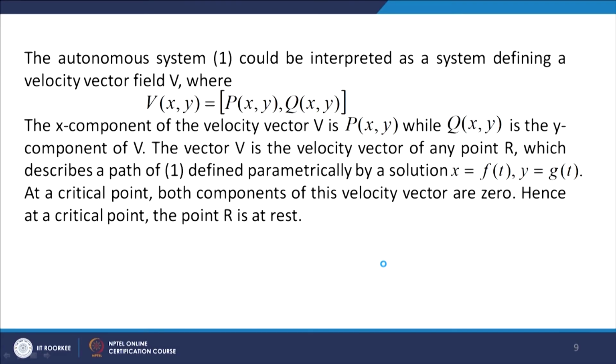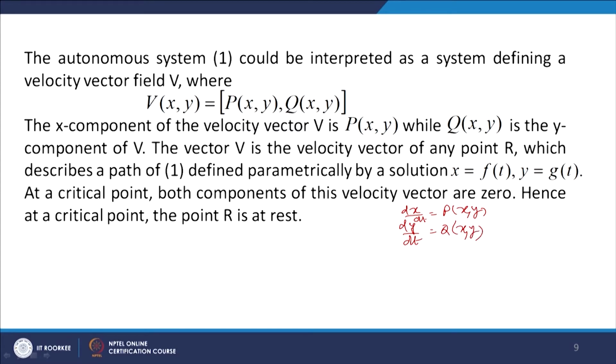Now the autonomous system 1 could be interpreted as the autonomous system dx by dt equal to P(x,y) and dy by dt equal to Q(x,y).